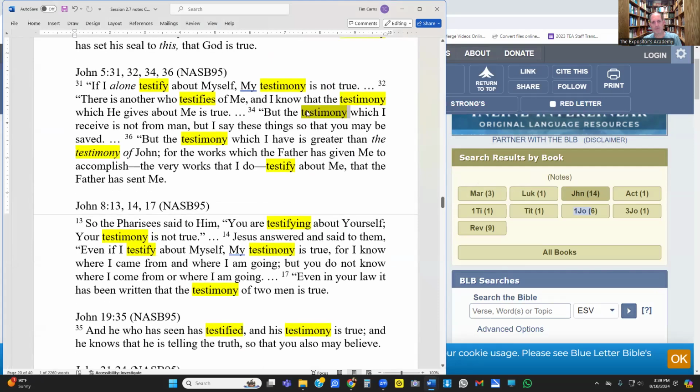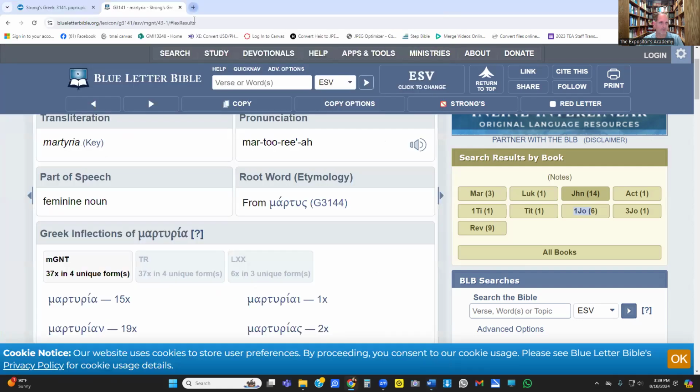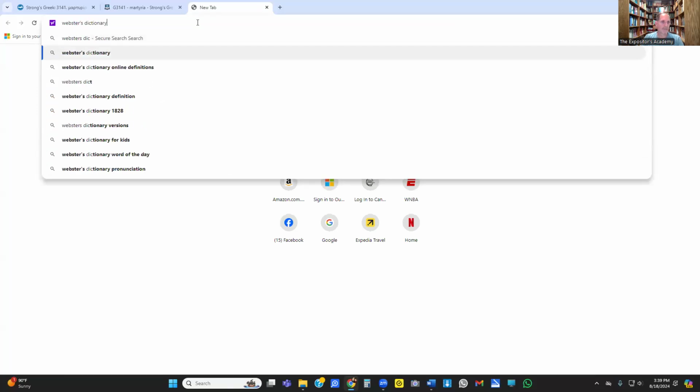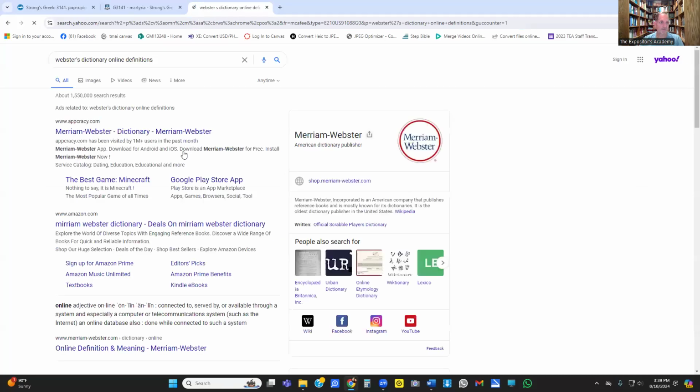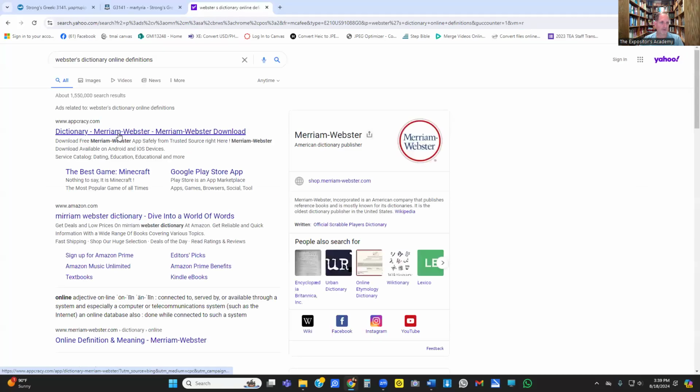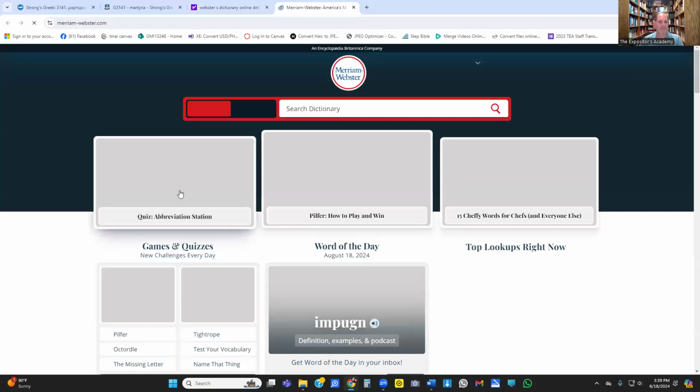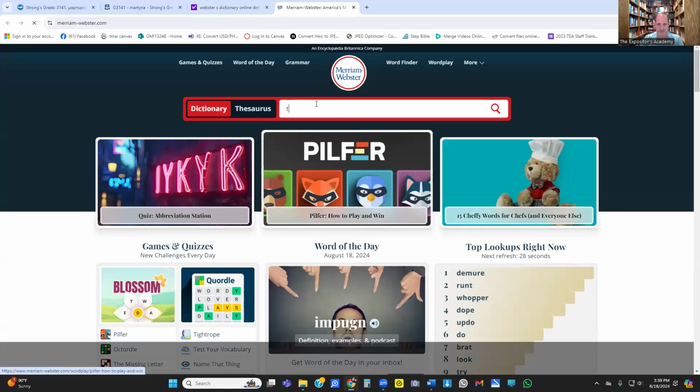Now, if you're not sure what that word means in English, what's the English word testimony? You can use a dictionary just to give you more insight, because all the English translations are translating it as testimony. So if you want to go to Webster's dictionary, online definitions, probably the best resource here, and just look up testimony.